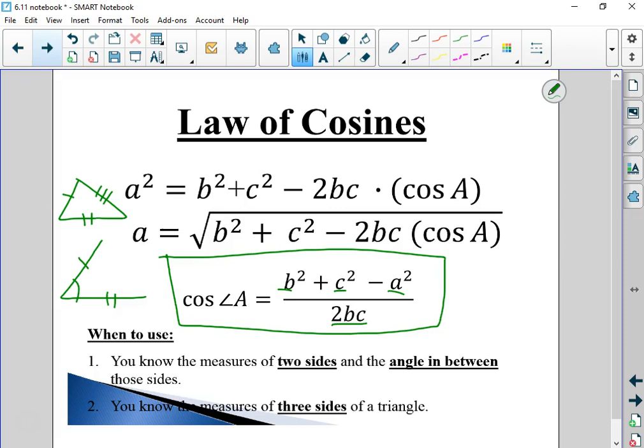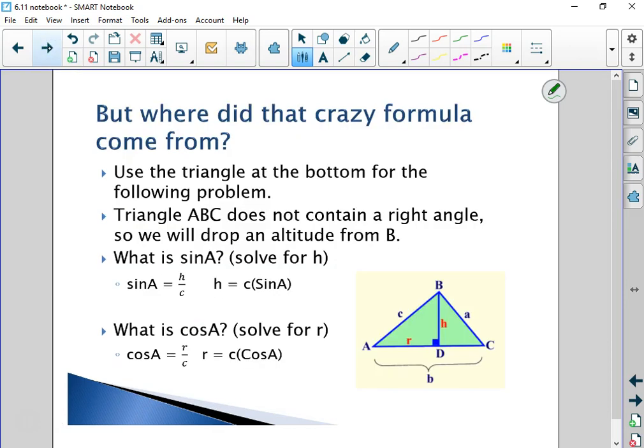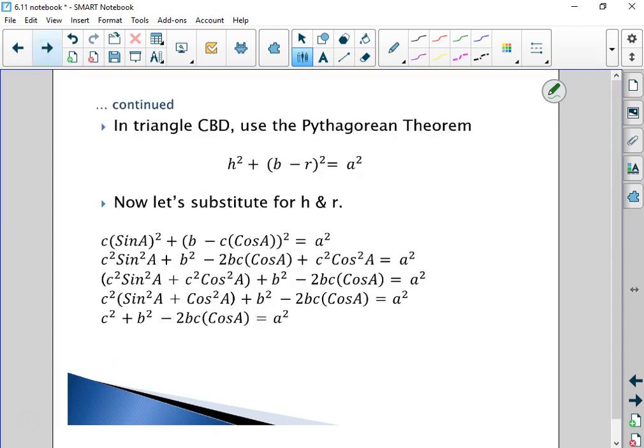Now, here we get to the reading part. Where did it come from? So I'm just going to hit pause. You go ahead and read this, and then continue. So hit pause, read through it, then hit play again. It continues here. So once again, go ahead and hit pause.